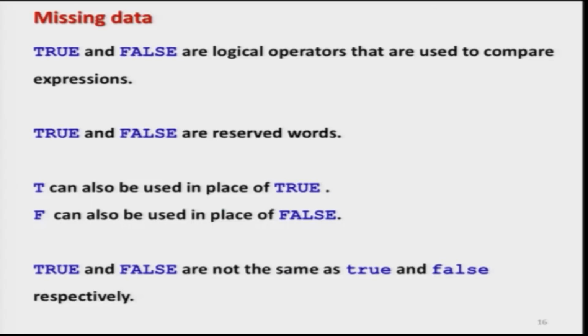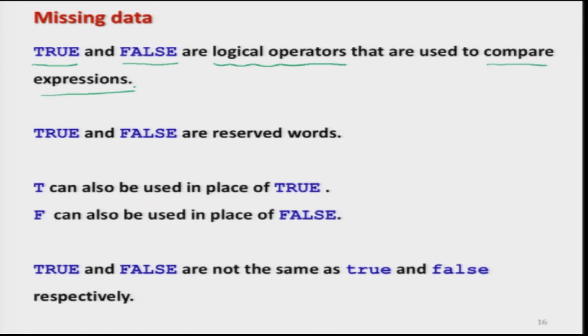Before I discuss the handling of missing data, first let me inform you of a few small things. There are two words, TRUE and FALSE, which are written in all capital letters: T, R, U, E and F, A, L, S, E. These two are logical operators, and they are used to compare different expressions.